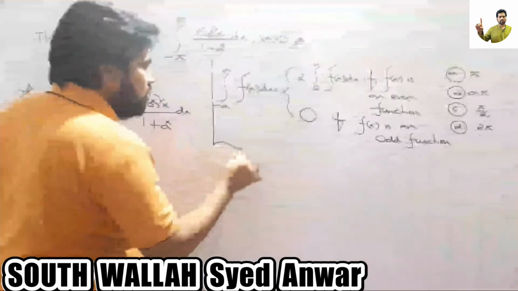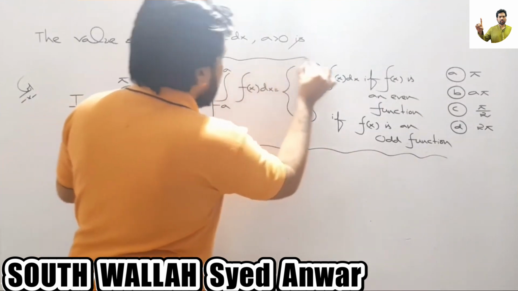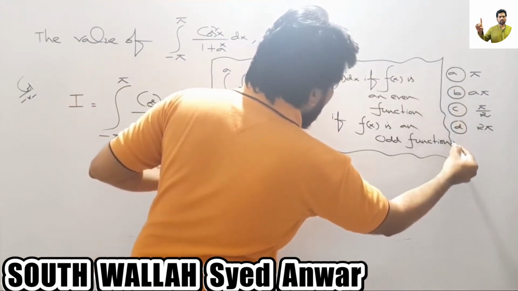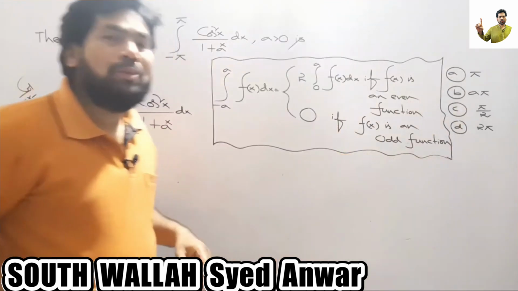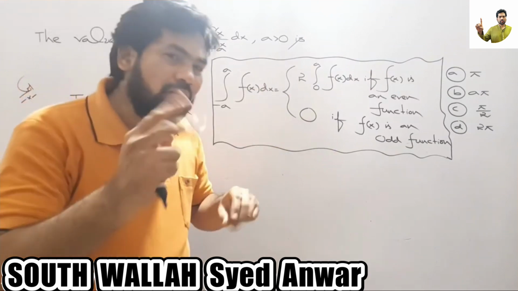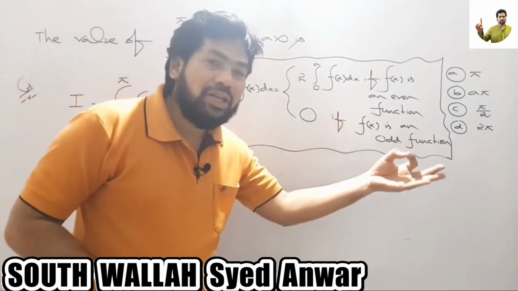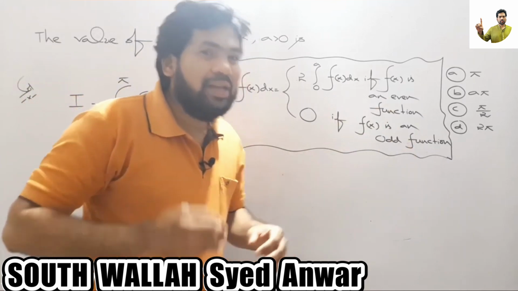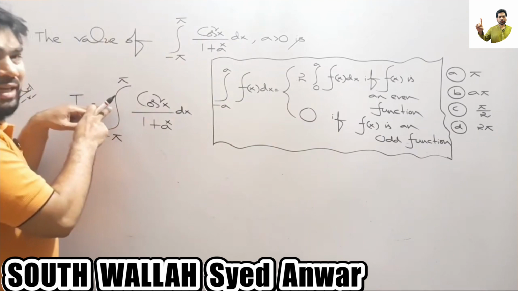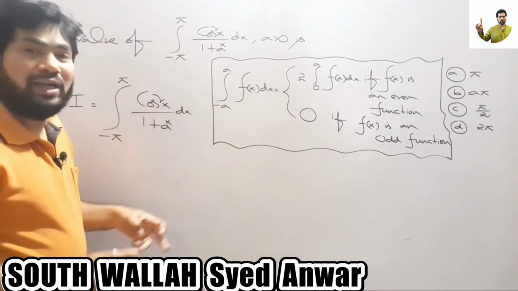This is my explanation part. That is why I have written here. This property is applicable only in 2 situations: f of x is an even function, or f of x is an odd function. Between the integral symbol and dx is called the integrand.